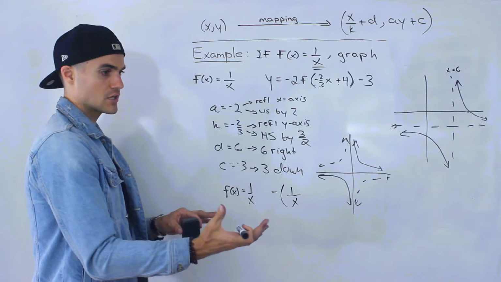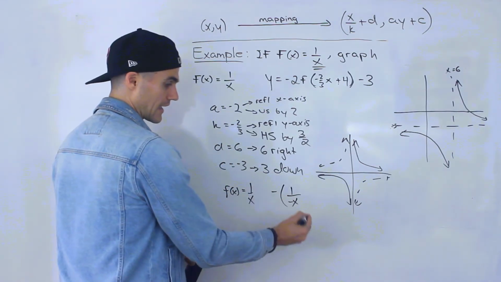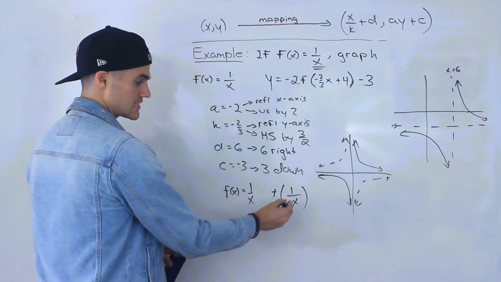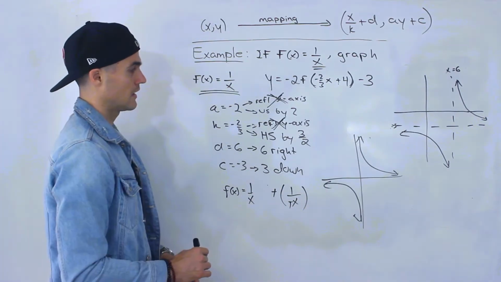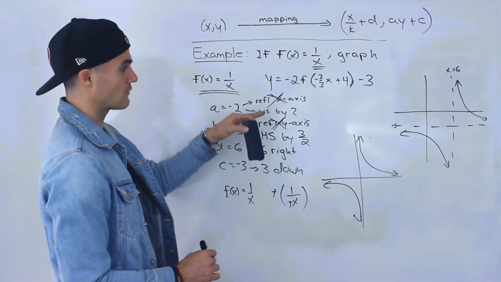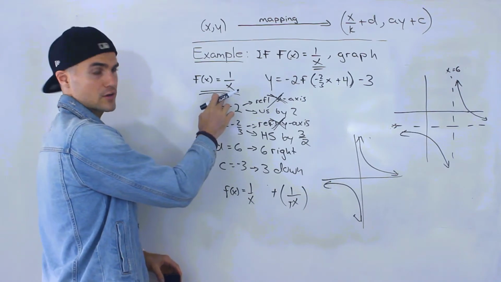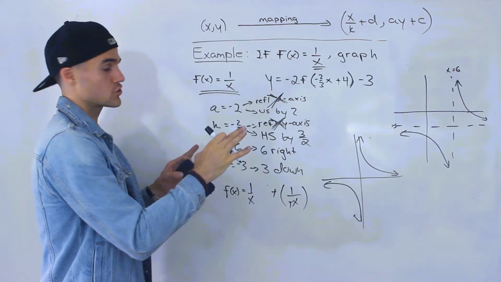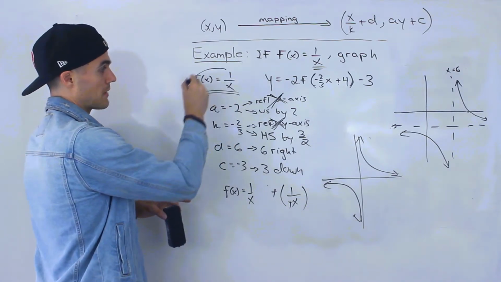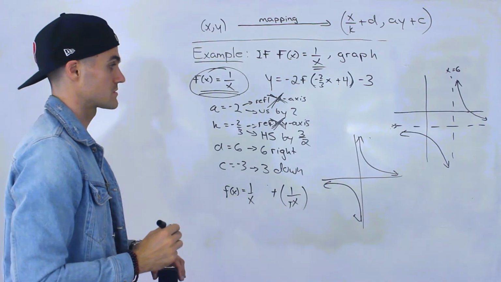And if there's a reflection in the y-axis, then the k value is -1, and that'll be a negative down here. And then notice these negatives will just cancel out to a positive, and we end up with 1 over x. And so that's why when you have a reflection in the x-axis and the y-axis, for this particular parent function 1 over x, those just net out to no transformations happening. Remember, it's only for this parent function here. It doesn't apply necessarily to the other parent functions.